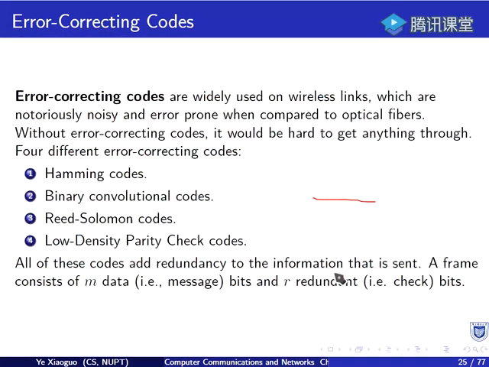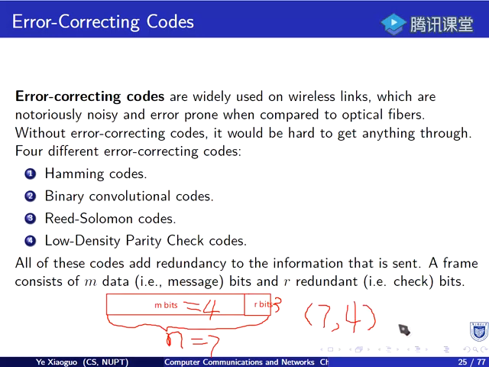M over N, right? So the rate is 4 over 7, 4 sevenths. 4 divided by 7.